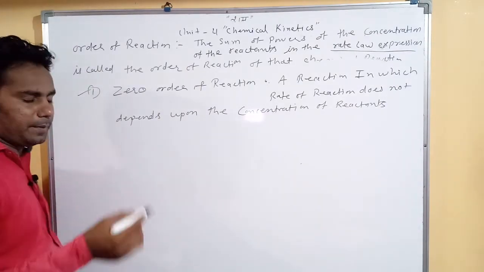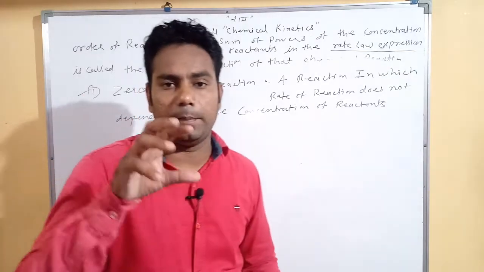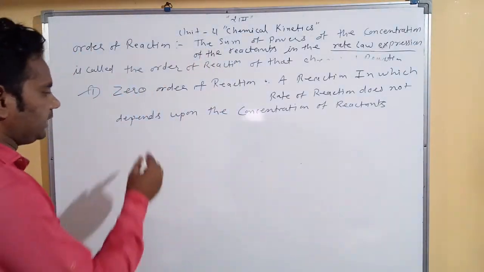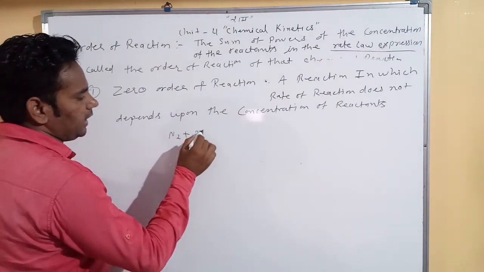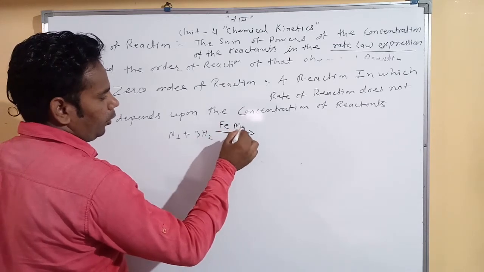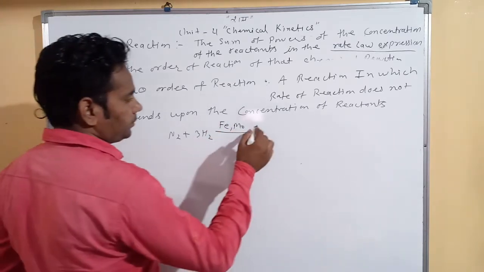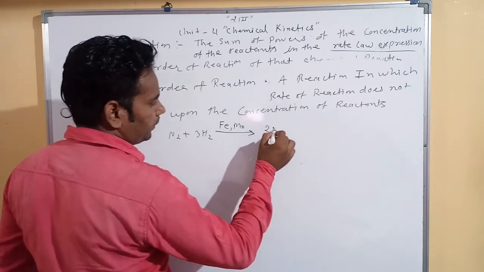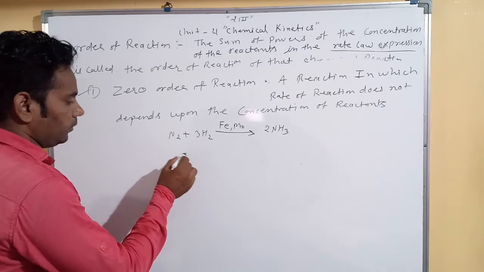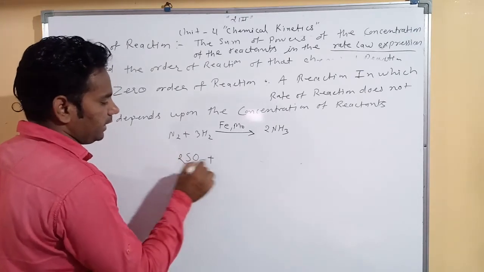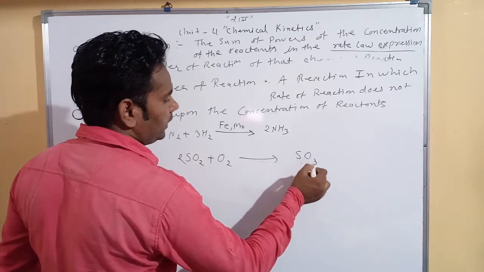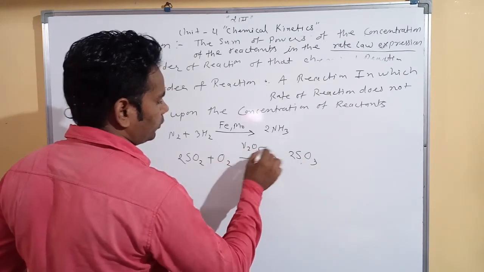Here I already mentioned that every reaction which completes in the presence of a catalyst is called zero order of reaction. For example, N2 plus 3H2, if I mention here Fe and Mo as the catalyst, so the reaction is complete. So this reaction is called zero order of reaction. One more example: sulfur dioxide reacts with O2 and converts into sulfur trioxide in the presence of vanadium pentoxide.